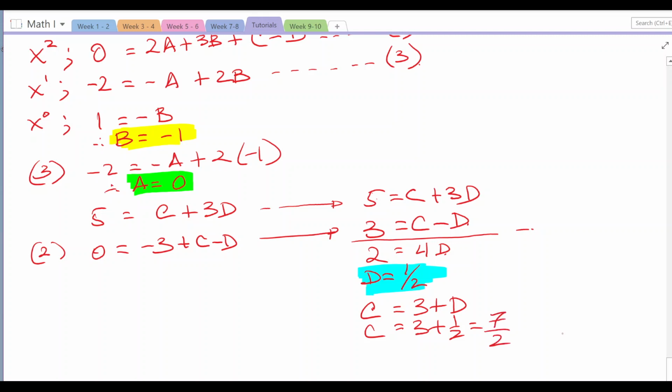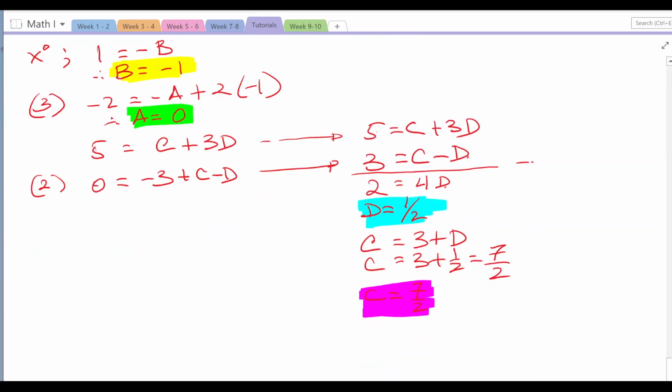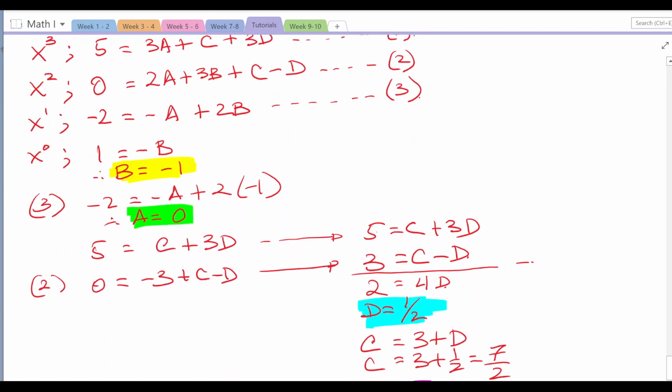It's the same thing. That's the value of c. Let's put that in pink. c equals 7/2. Not very clear, but that's a, b, c, d.